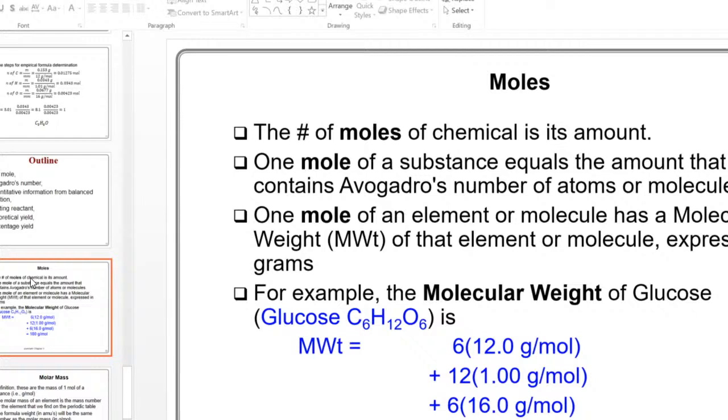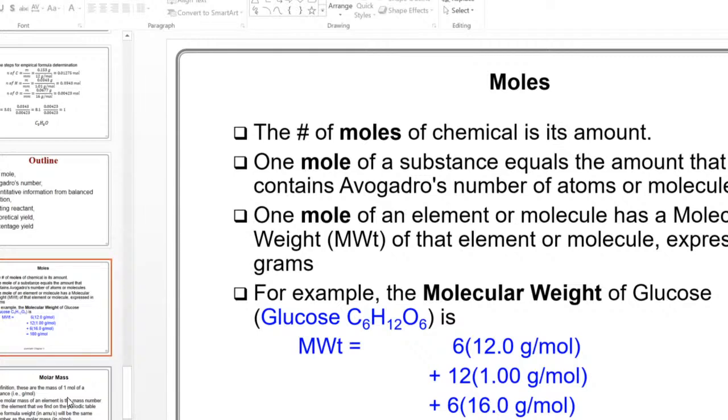There are 6 carbon atoms times the relative atomic mass, which is 12, plus 12 hydrogen atoms times the relative atomic mass of hydrogen, which is 1, plus 6 oxygen atoms times the relative atomic mass, which is 16. When you add that up, you get 180 grams per mole. You get this from Zumdahl, chapter 3.